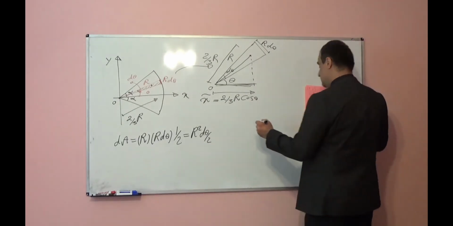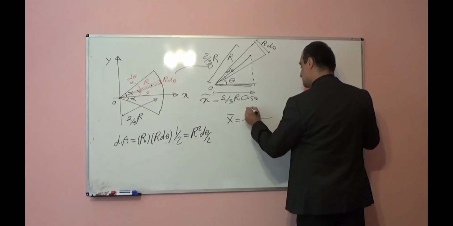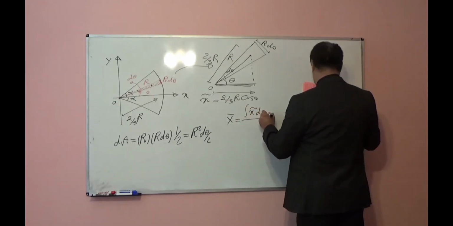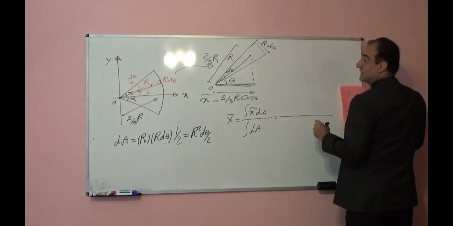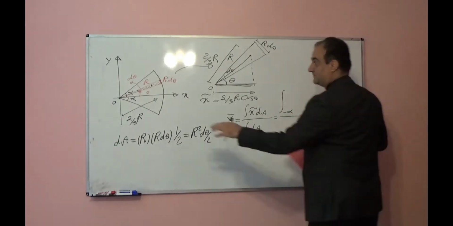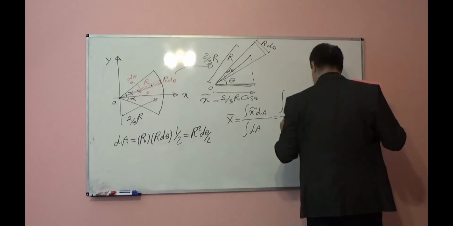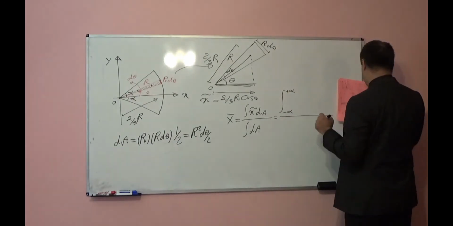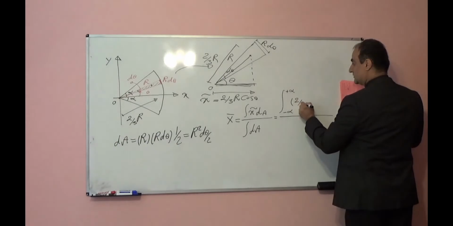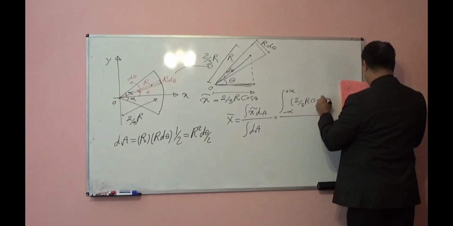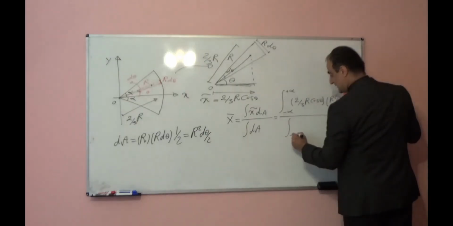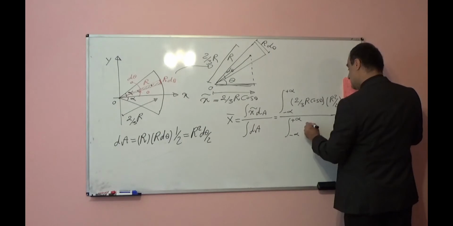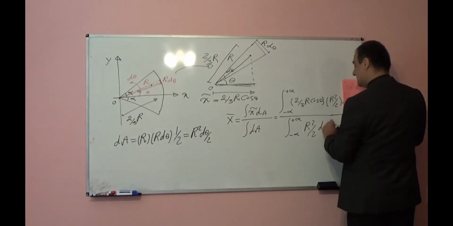So if I plug here, x bar, formula, integration of x tilde dA divided by integration of dA, will be equal to, theta varies from negative alpha to positive alpha, x tilde, 2 over 3 r cosine theta, dA, r squared over 2 d theta, divided by integration of negative alpha to positive alpha r squared over 2 d theta.